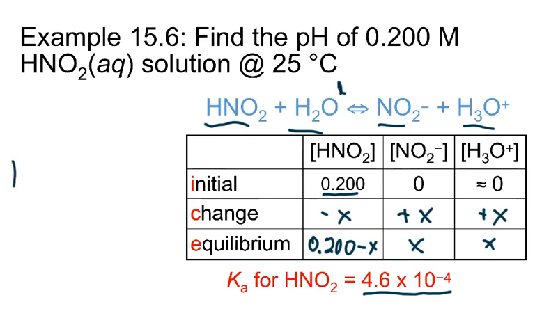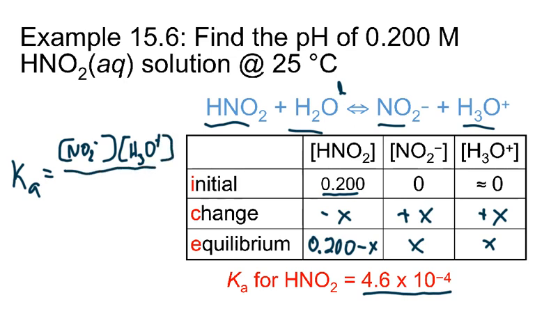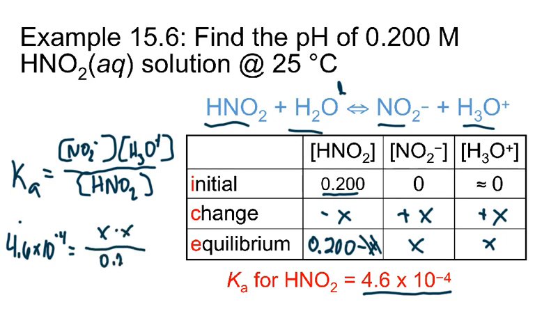So our Ka is going to be our concentration of NO2 minus times H3O plus divided by HNO2. And we're going to use the X is small approximation, so we're going to get rid of it there. So our 4.6 times 10 to the minus 4 is equal to X times X divided by 0.2.